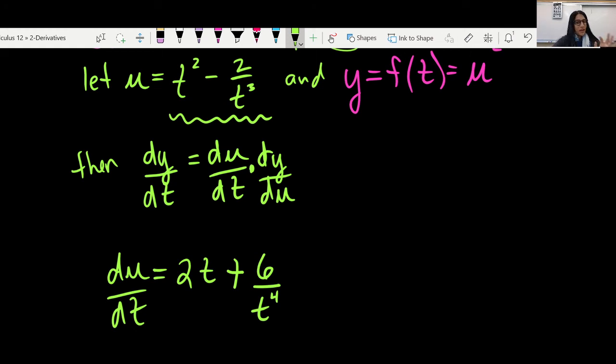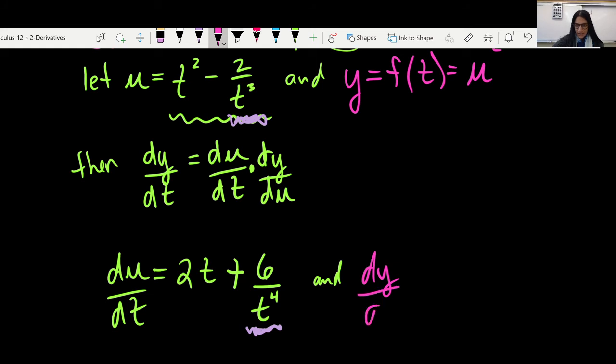So again, if you're unsure, hit pause, do that yourself with this portion here to make sure that you understand that when you apply the power rule by moving this back up to the top, this is in fact what you get.